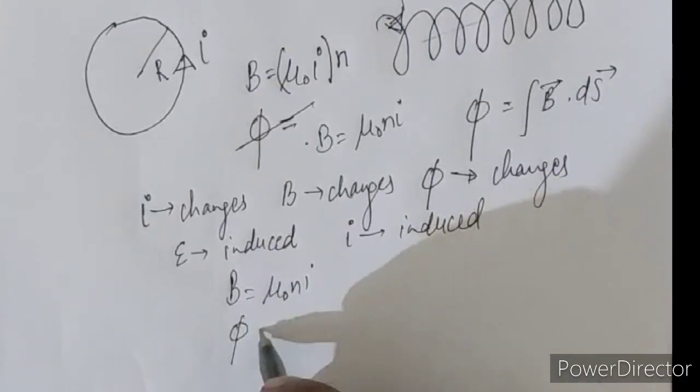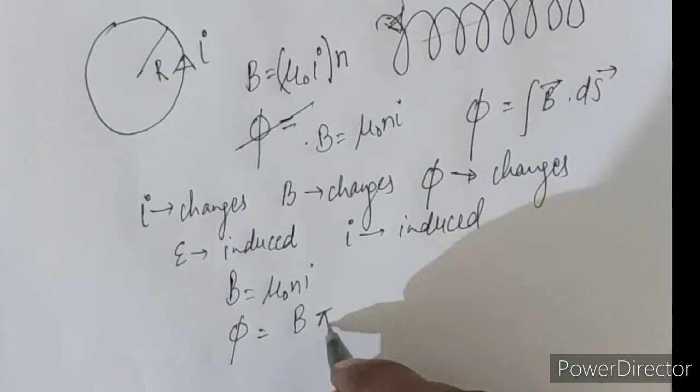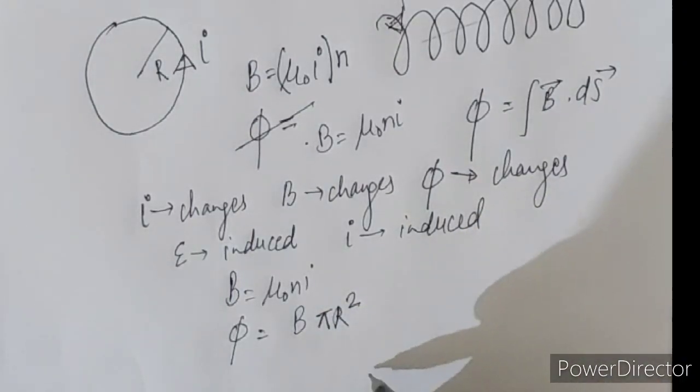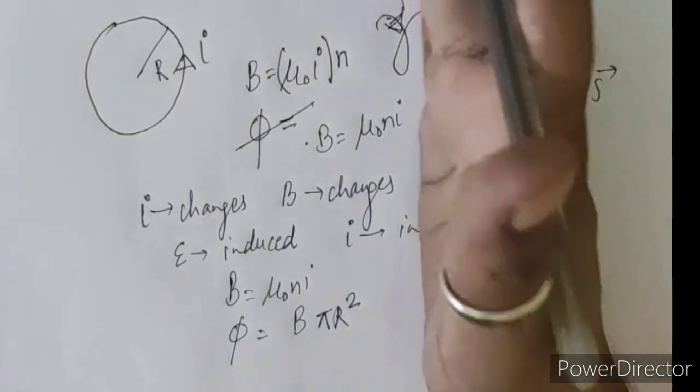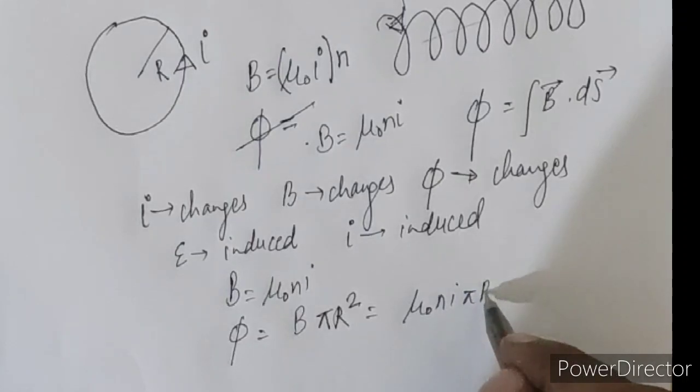Now we know that B is mu naught n I. We know that flux will be the multiplication of B and area. Area is basically pi r square, which is crossing through this loop. So this will be mu naught n I times pi r square.